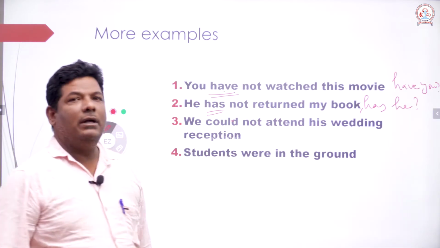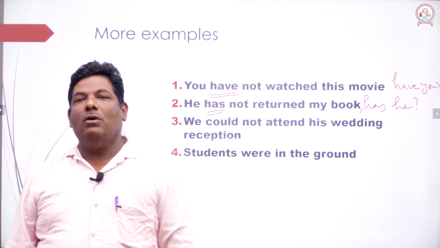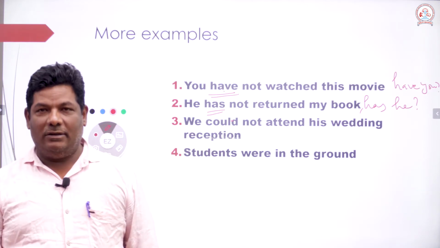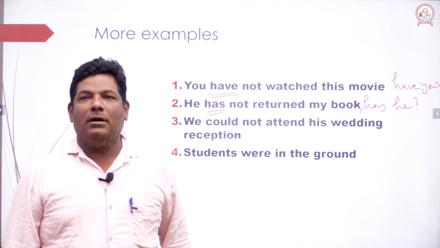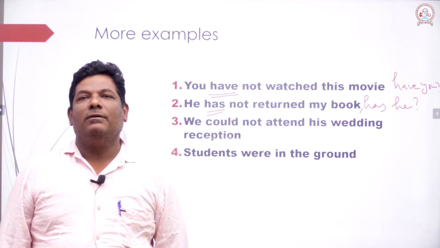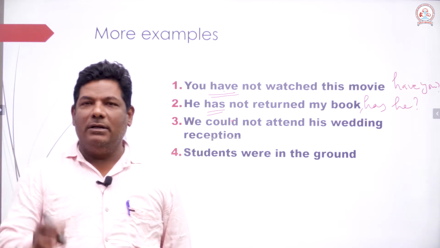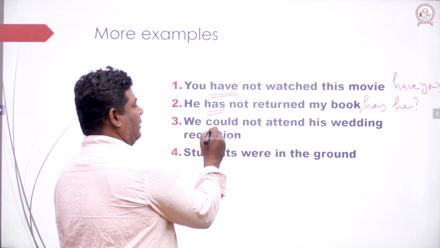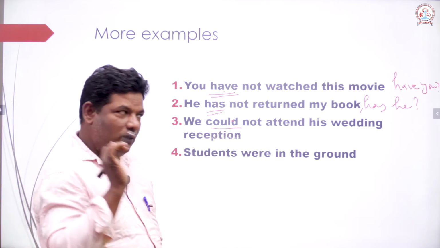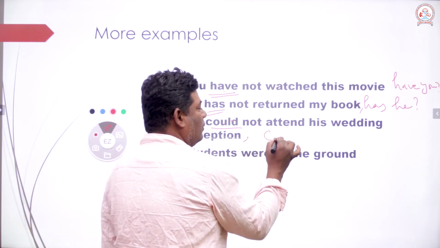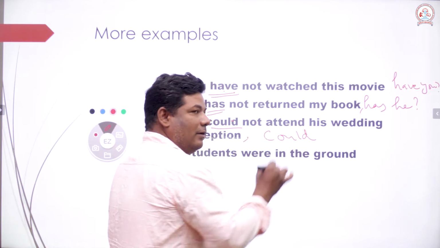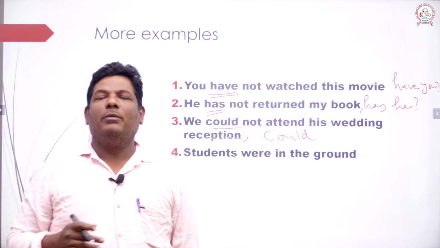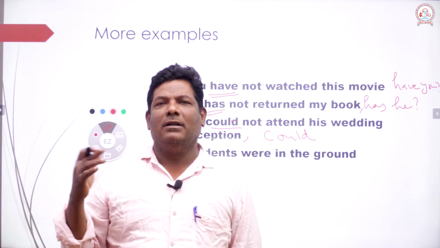Then the third sentence, we could not attend his wedding reception. As usual, the first step is to understand what the auxiliary verb given is. Could is the auxiliary verb. Therefore, we must use only could. Do not think beyond all this changing of tense and other things.